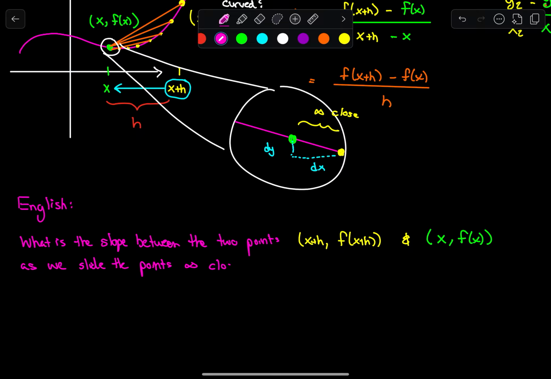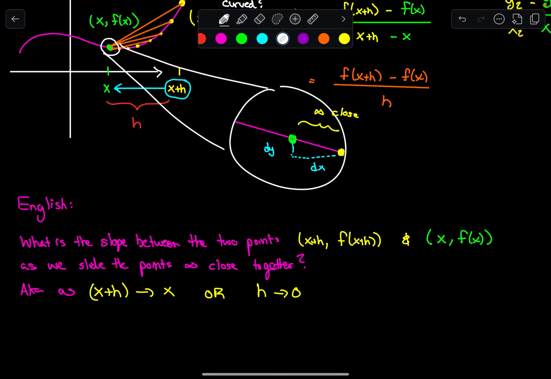AKA, as our gap between the points gets smaller, as this gap starts to decrease, you could say as x plus h approaches our x, or if you prefer, as h approaches 0.